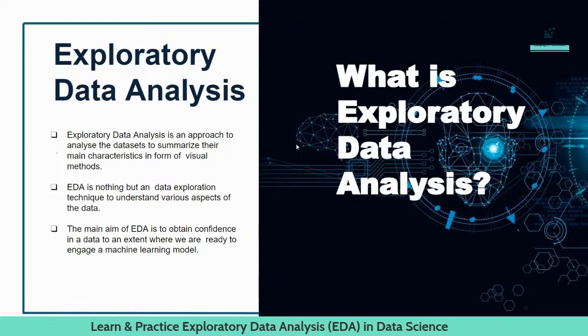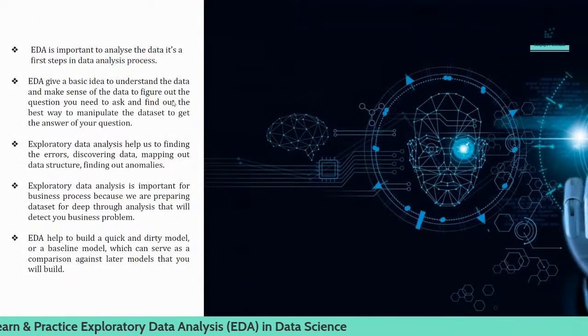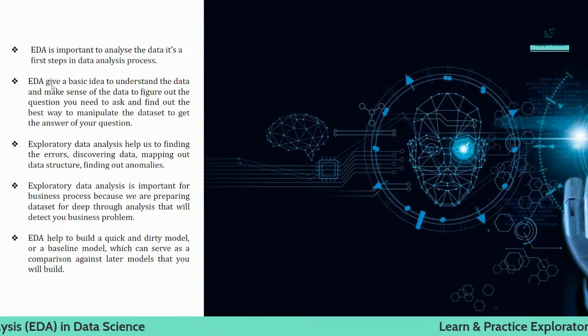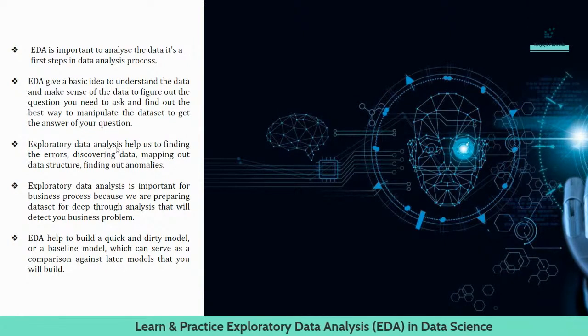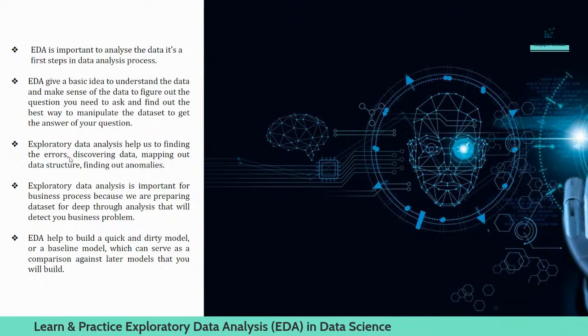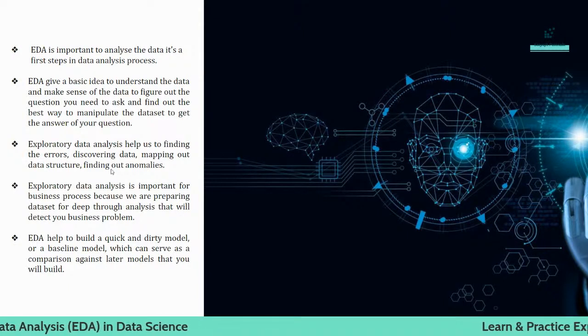EDA is very important to analyze the data. It's the first step in the data analysis process. It gives a basic idea to understand the data. A lot of theoretical part is there. EDA helps us to identify errors, discover data, map out data structure, find anomalies, and find missing values.